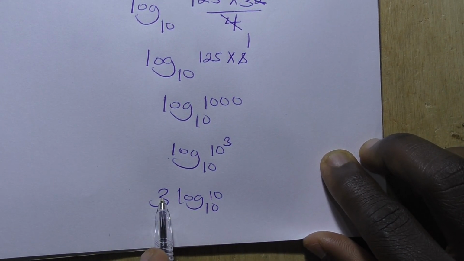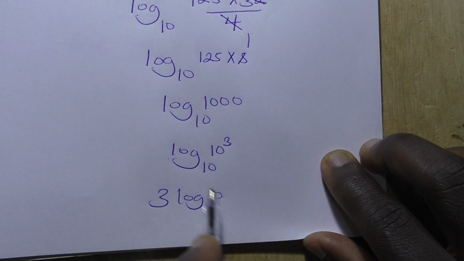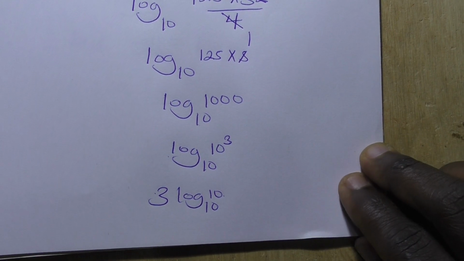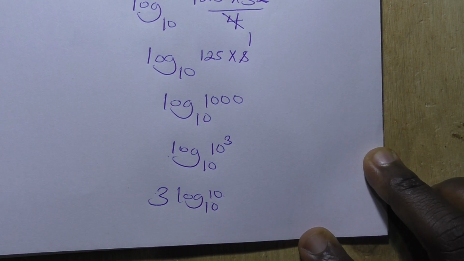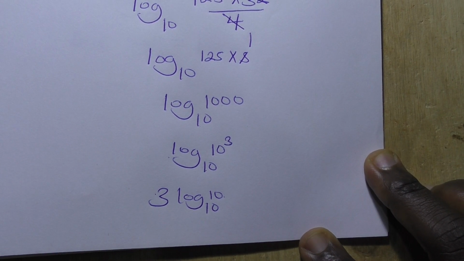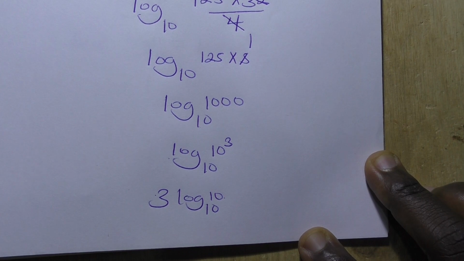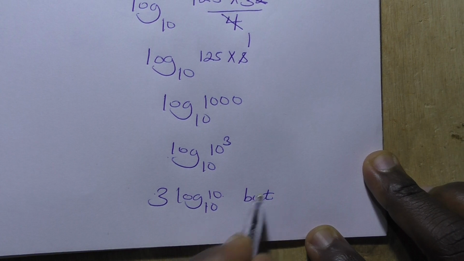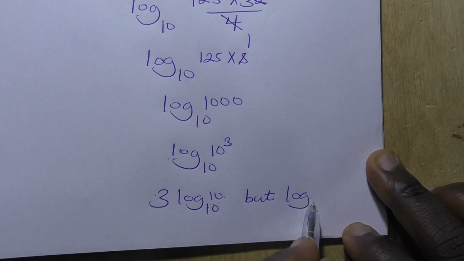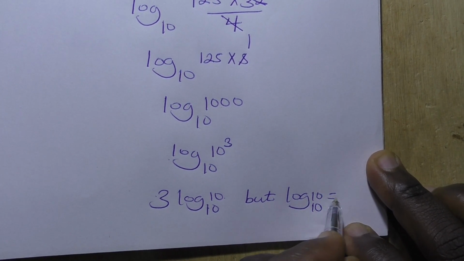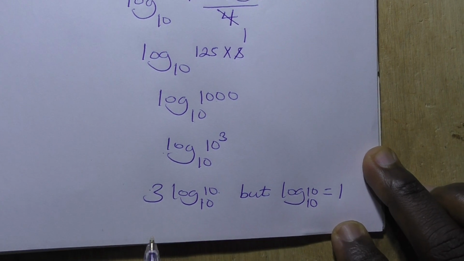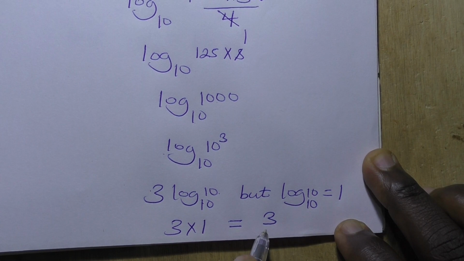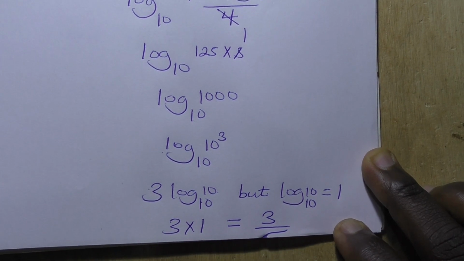So this 3 can come up or go down according to what gives us the next step or the right procedure. And since we say that log 10 power 10 equals 1, therefore it will be 3 times 1, hence giving us the final answer as 3.